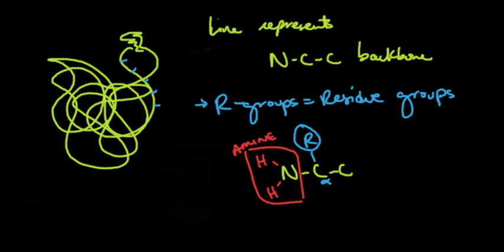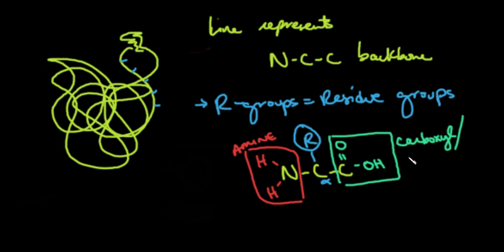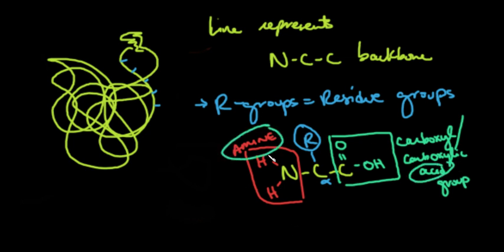And off that carbon, you might recognize this as a hydroxyl group, the OH, but when it's coupled with this carbon and double bonded oxygen, it's actually got another name called a carboxyl or a carboxylic acid group. Okay? And really the name amino acid comes from the amine and the acid here. So amino acid. And again, this yellow line represents just the NCC backbone.